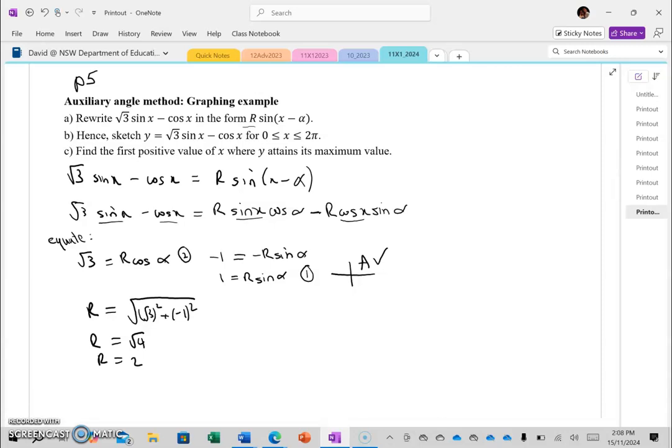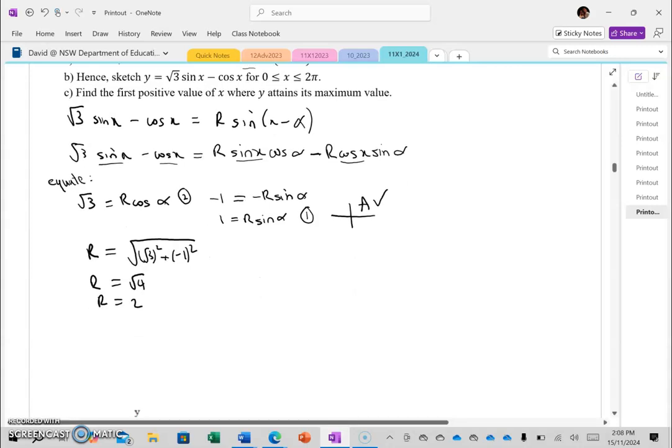To find the auxiliary angle, I'm going to do equation 1 divided by equation 2. That way we get a sine over cos situation, so there'll be tan alpha, the r's will cancel out, and we'll be getting 1 divided by root 3. That's an exact value you should know.